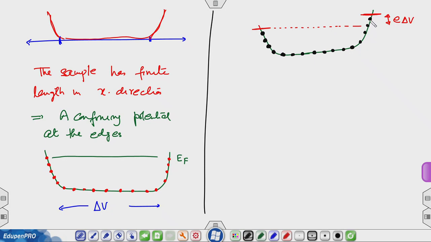There is this extra Landau level on the right side where the potential energy is higher. I am not worrying about the sign right now, which way is what, but this is what it is.